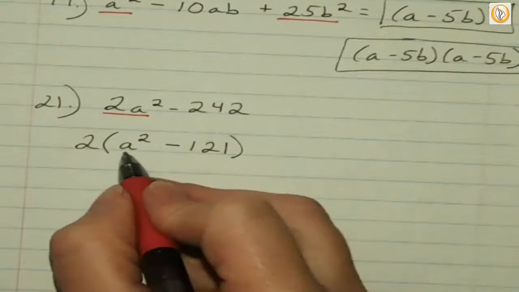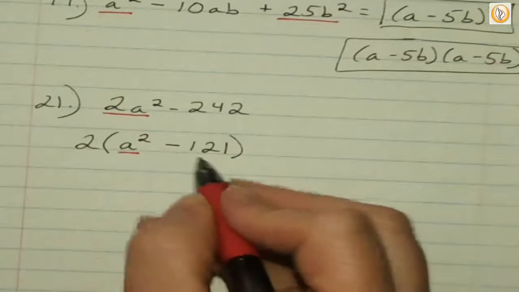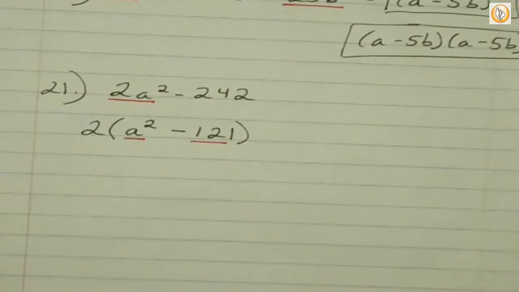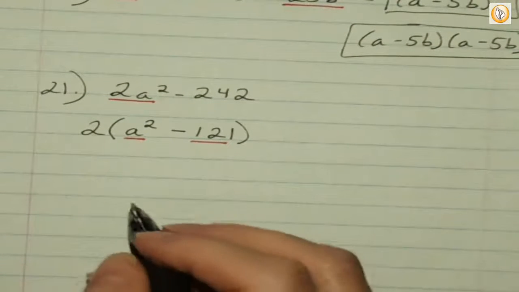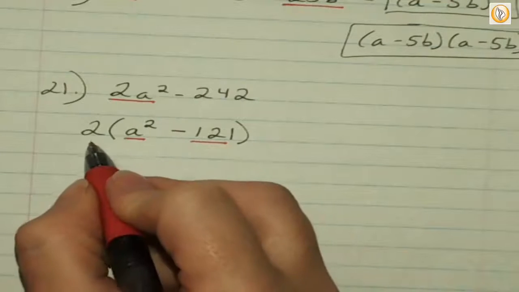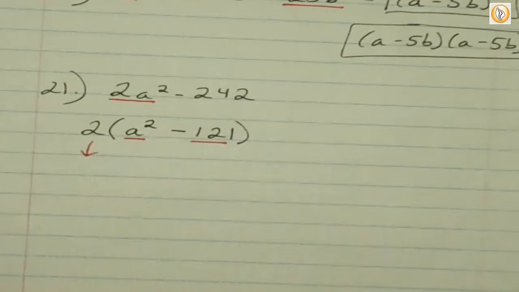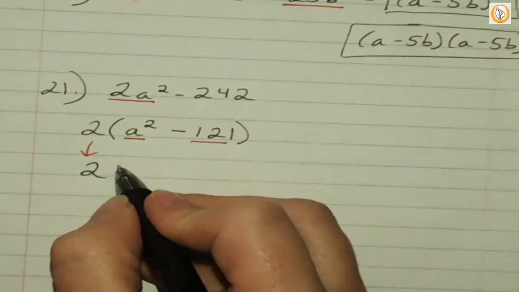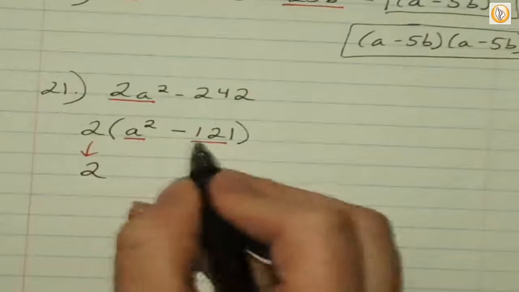Now, Taylor, is this a perfect square? Yes, it is. So, Aiden, watch what I do with this outside 2. I'm bringing it down. You will never forget this, I know. And, Taylor, what do I have?